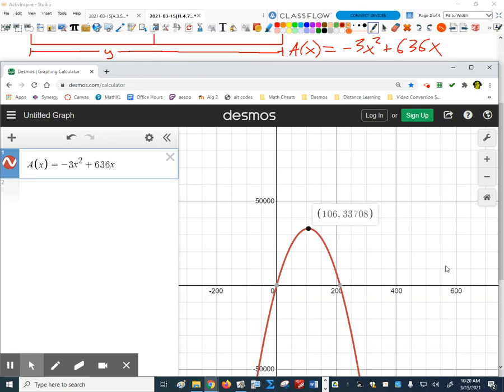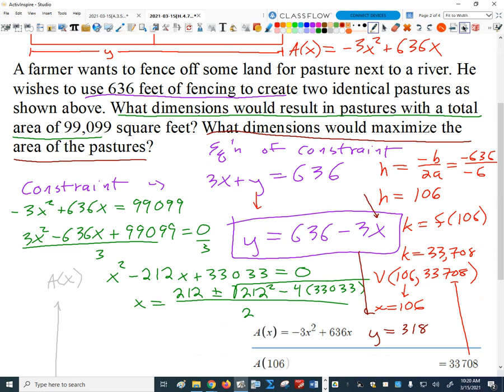There's my vertex at 106, 33,708, right? So we could have found it that way too, if we had a graphing utility available. Okay, everybody good with that? Give me 1 to 5 on that problem. Okay. Yeah, there's a lot going on there. Okay, good. Let's try one more of those.